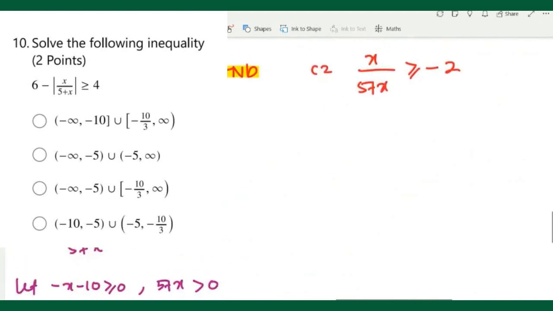Okay, so macam sama je lah, repeat all the process. X over 5 plus x plus 2 more than or equals to 0. So samakan penyebut.